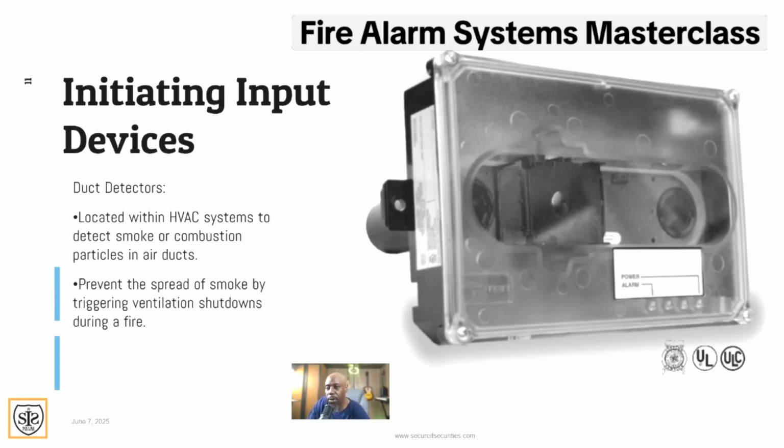So if the air is flowing this way, the holes will be facing in the way the airflow is going. So if there are any particles going in this direction, they'll go into the sampling tube, travel up the sampling tube, get inside this chamber, and if this chamber gets any dirt, because it's just a light in here, so if that photo light gets blocked up, then this alarm light right here that you see will illuminate red, go into alarm, shut down the fans, and now you've got to go find out what's going on with the alarm system.